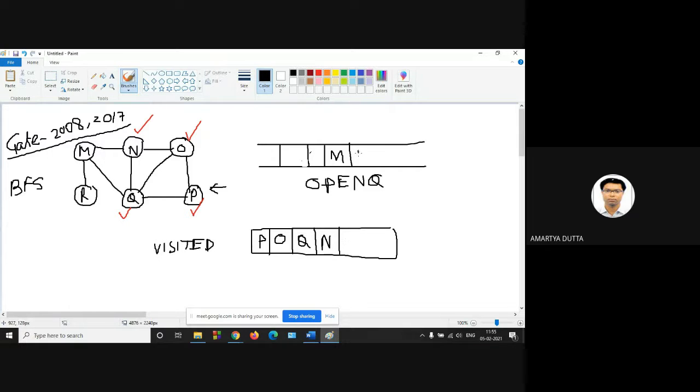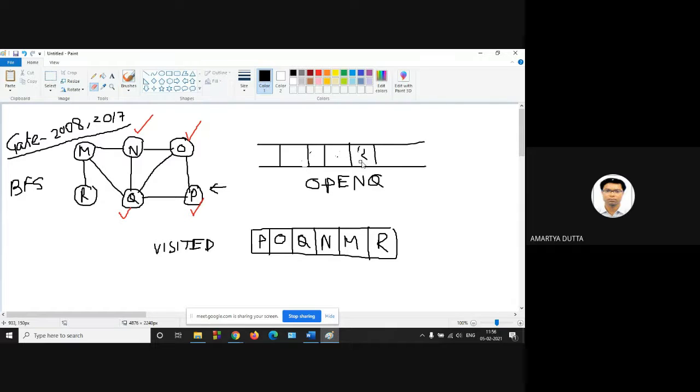Next, from M we are getting R. So delete this M and write down M here. And finally write R.